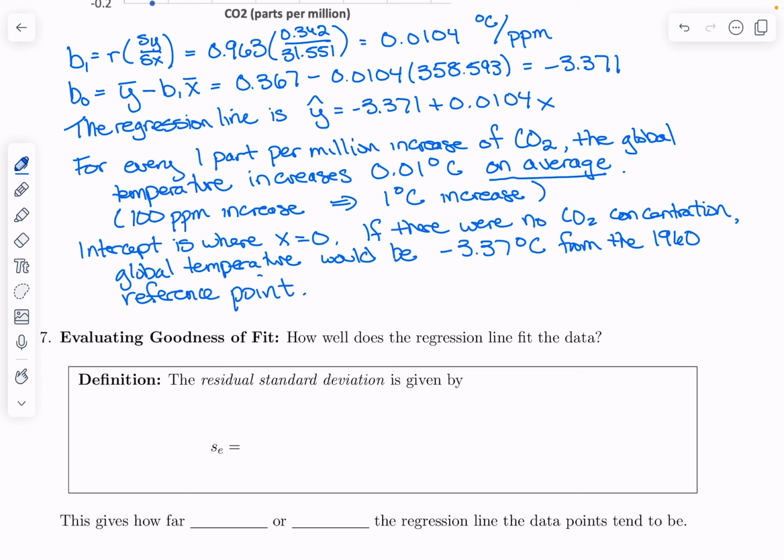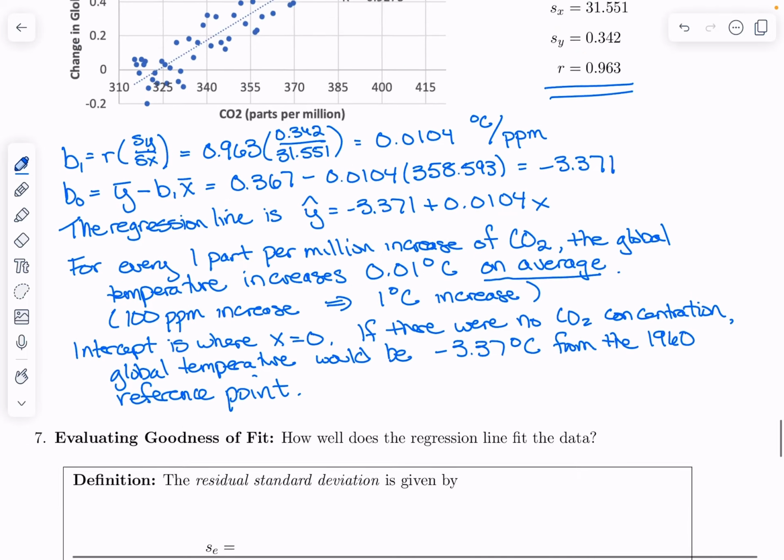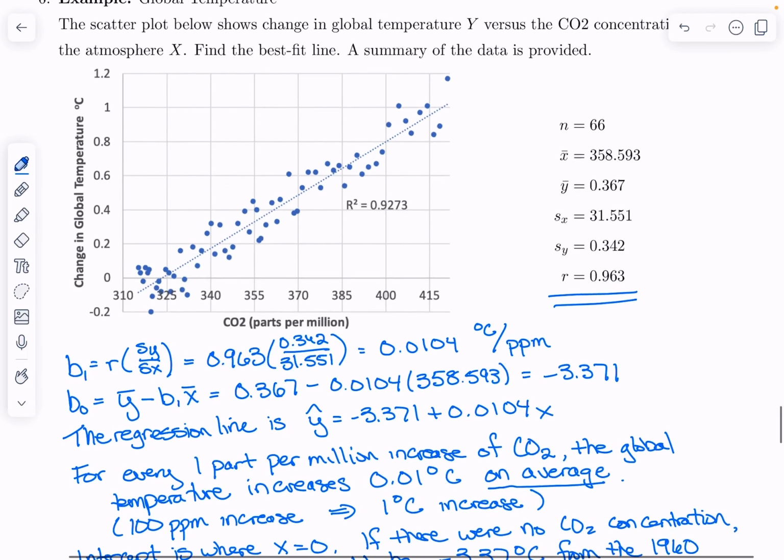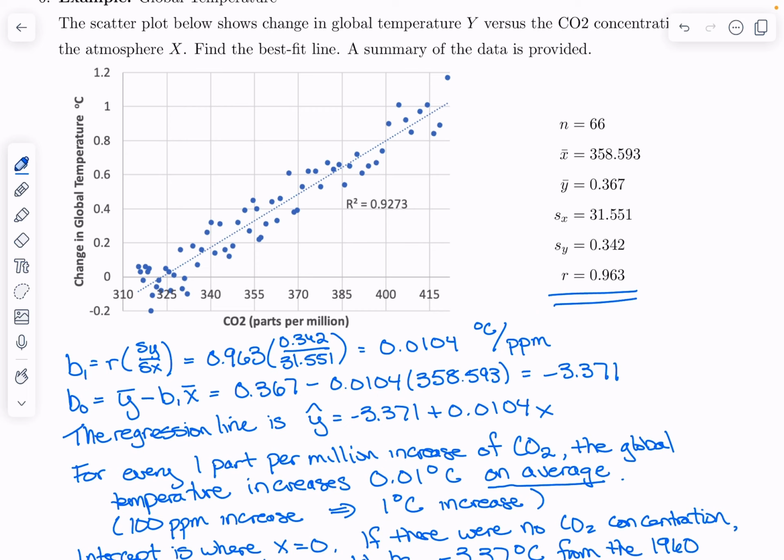That's the interpretation. Unfortunately, if you look at our plot, you will see that if we were to go back down to 0, that would be far outside of our data range that we're looking at. And so we can't necessarily extrapolate all the way down to 0. So I'm not sure that if we had no CO2 in the atmosphere that we would have a global temperature that was 3 degrees lower.